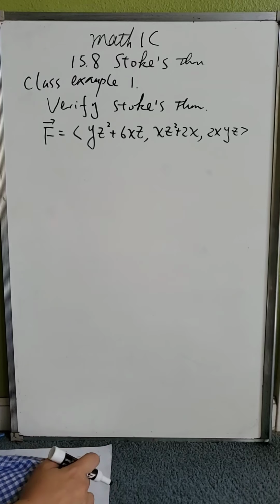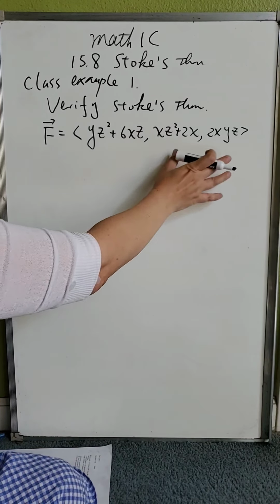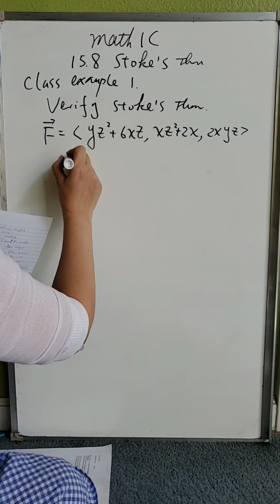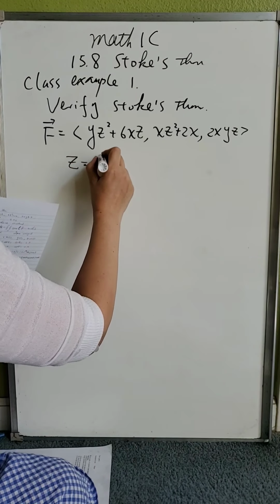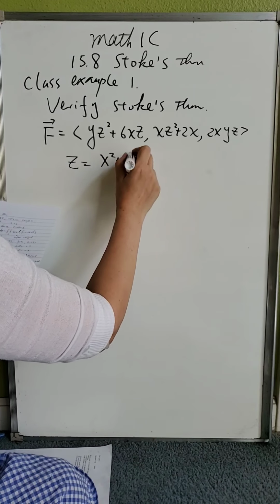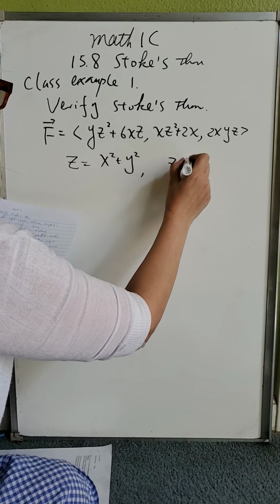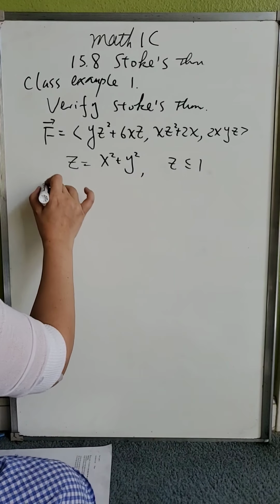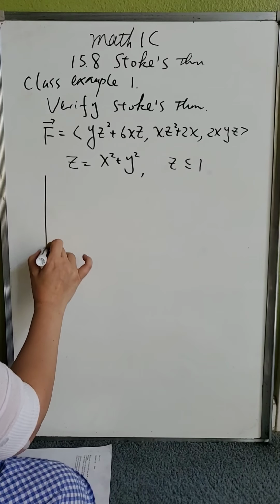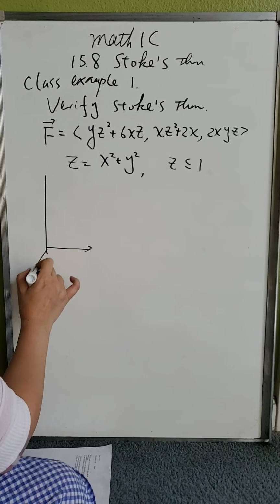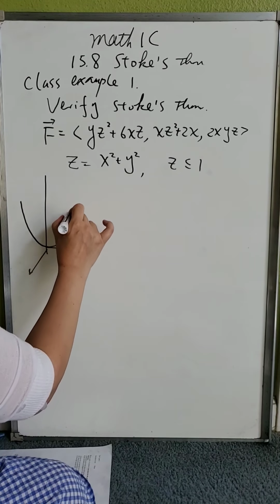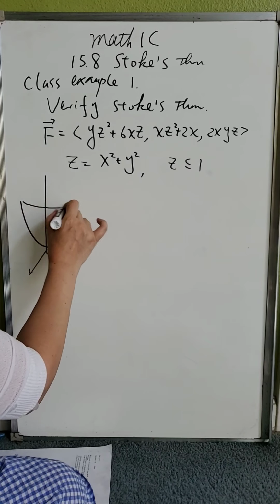Okay, so here's a vector field. Here's the vector field function. And they said the surface is z equal to x squared plus y squared, and z is less than or equal to 1. Okay, so let's graph this one first. So what's this? It's a paraboloid, it's a bowl, right? It's supposed to keep going, okay?